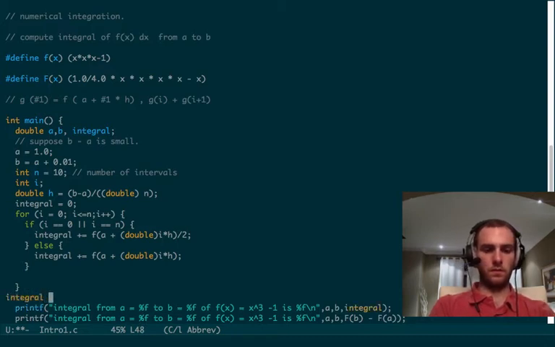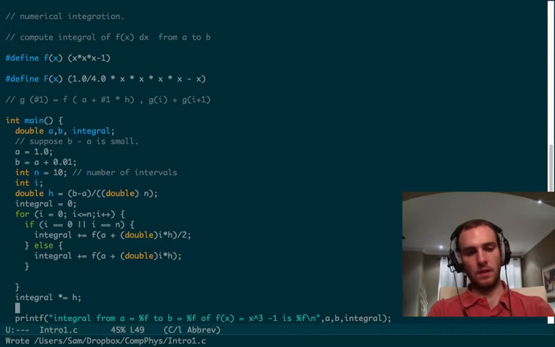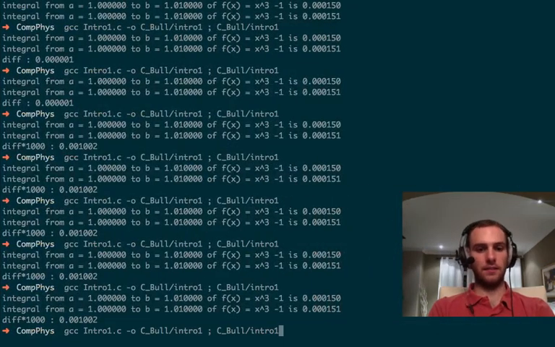You multiply the integral by h. Right? You should get the exact same result.